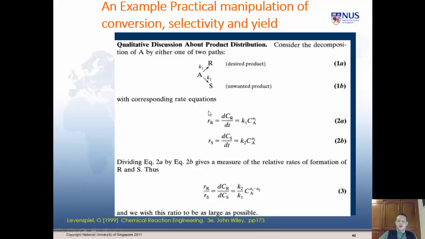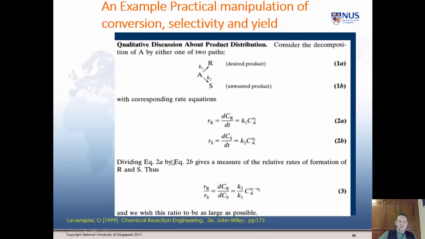So for formation of R, the desired product, you can write out the rate constant times the concentration of A to the order, dCR over dt, and for the undesired product, the same. So that's the second stage. First stage, write out the scheme. Second stage, write out the rate equations.